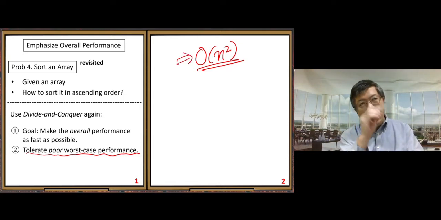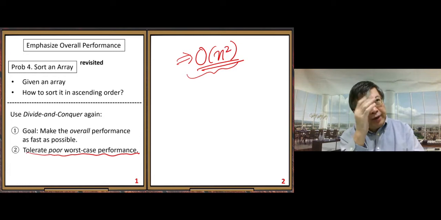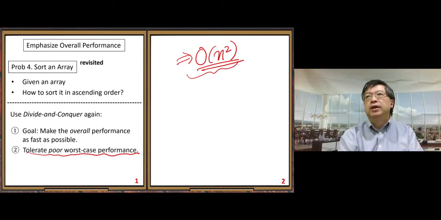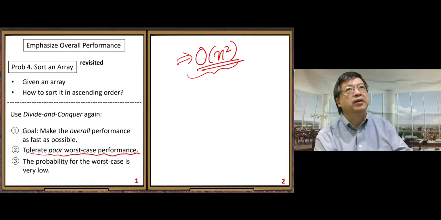So we also expect we may have this kind of worst case, but we can tolerate it. The reason we can tolerate it is because the probability of the worst case is very low.